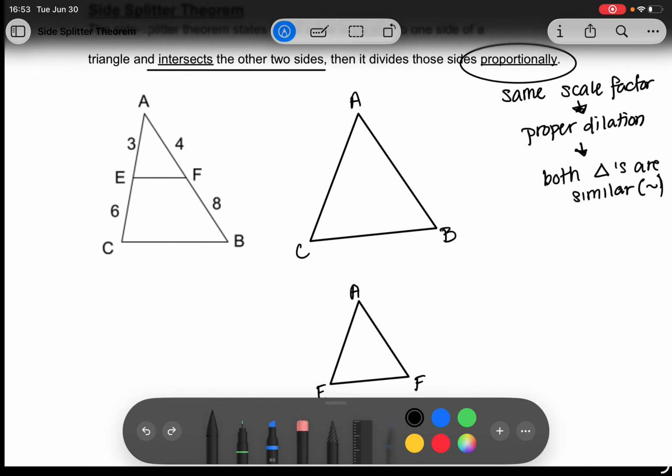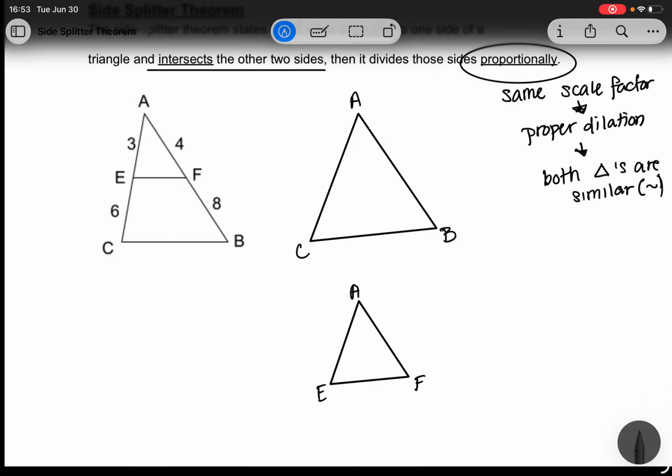A triangle needs 3 sides. From here, we can start labeling our diagram and noticing what the pattern is, which will help us find the scale factor, but also determine if the sides are proportional as we want. So we know that AE, this length over here, is 3, so we'll label it as 3. AF is 4. And then EF isn't labeled, but we also know that EF should be parallel to CB because they don't intersect.